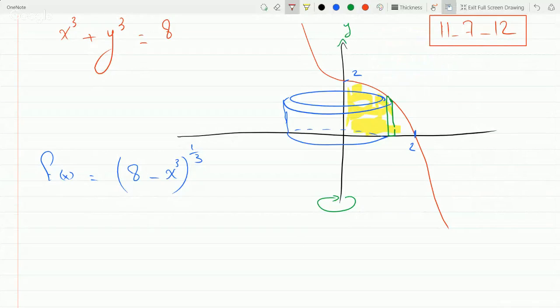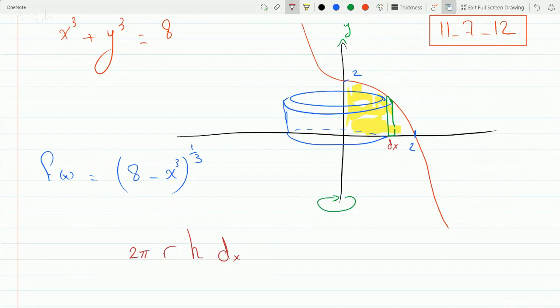So the V of this one shell, this is a dx here, right? So this will be 2 pi times the height, 2 pi r h times the thickness, which is dx.